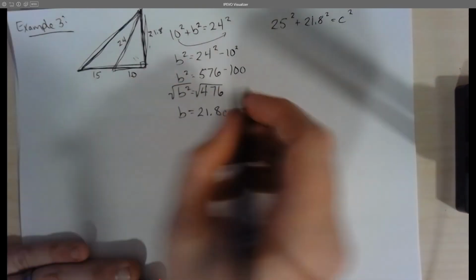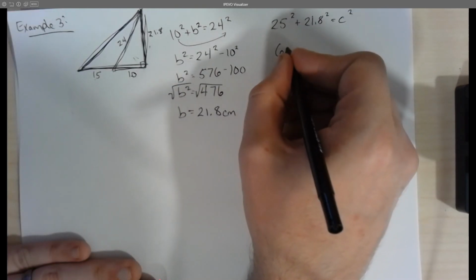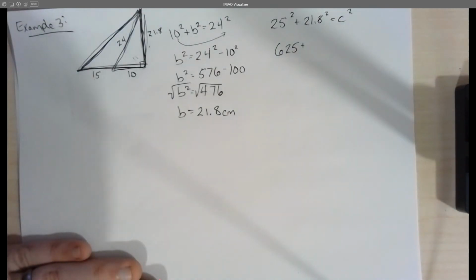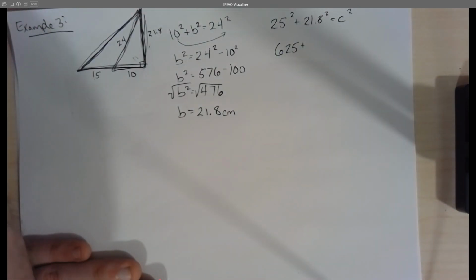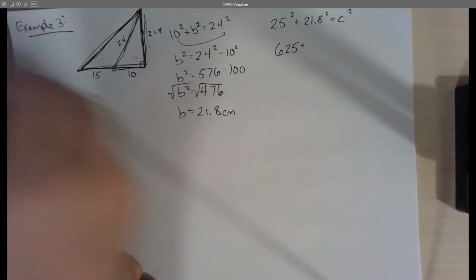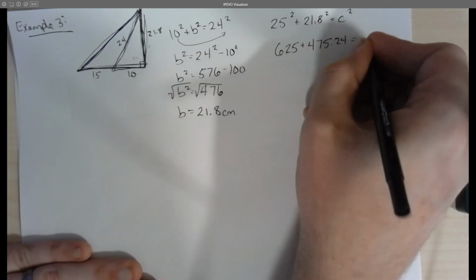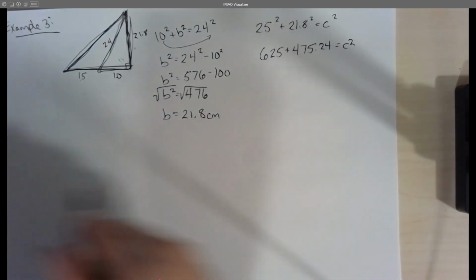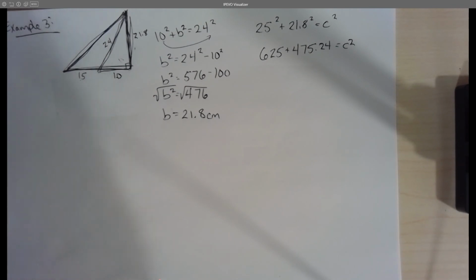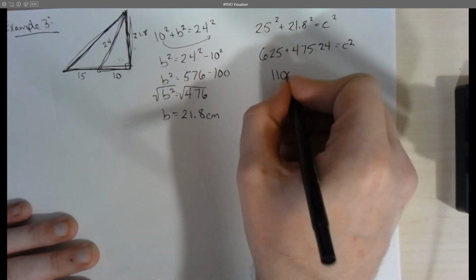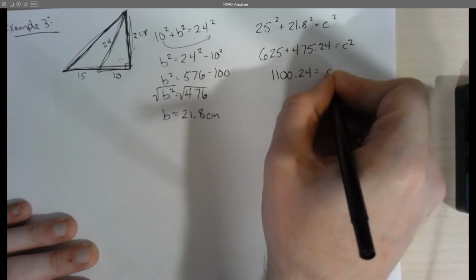So let's again plug in what we know. 25 squared is going to be 625 plus 21.8 squared, which is going to be 475.24 equals c squared. Add those together, and we get 1100.24.